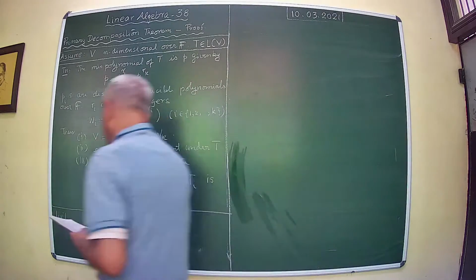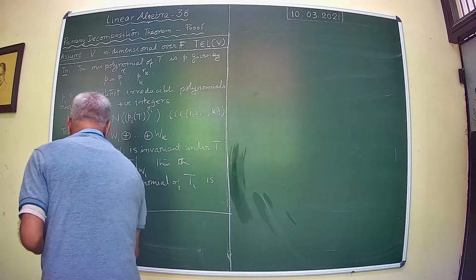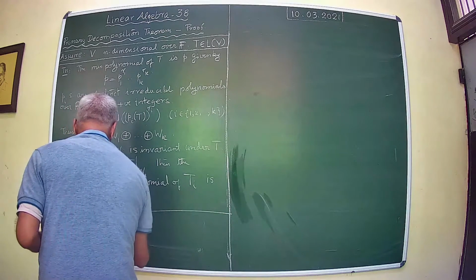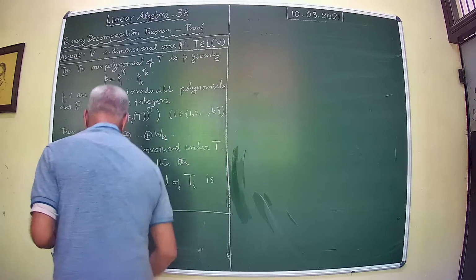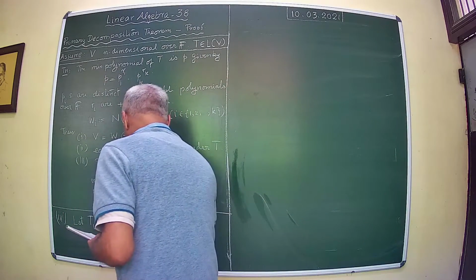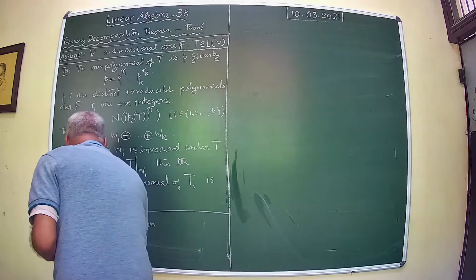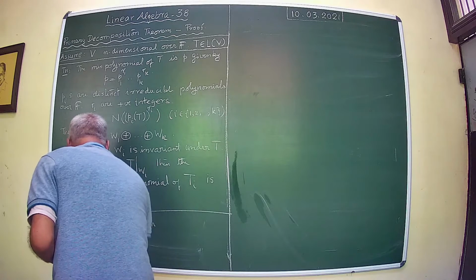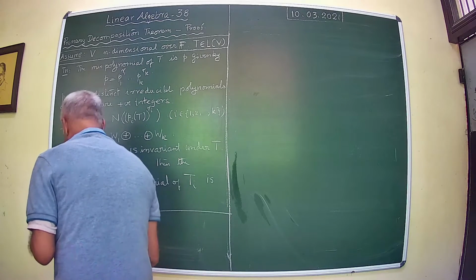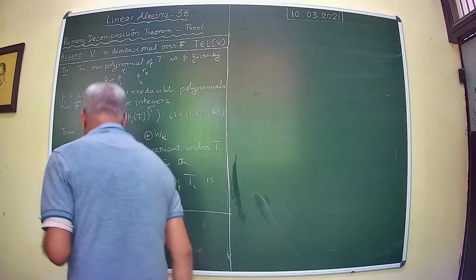So let Ti denote T restricted to Wi. Then what you have is that Pi to the power ri of Ti is 0.